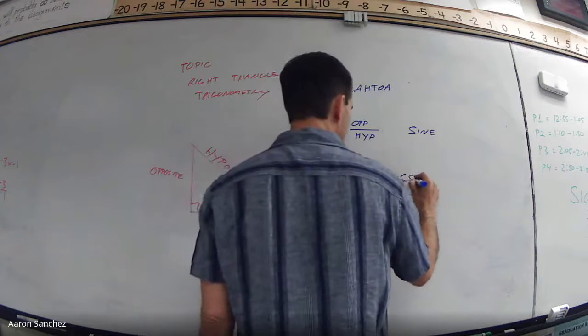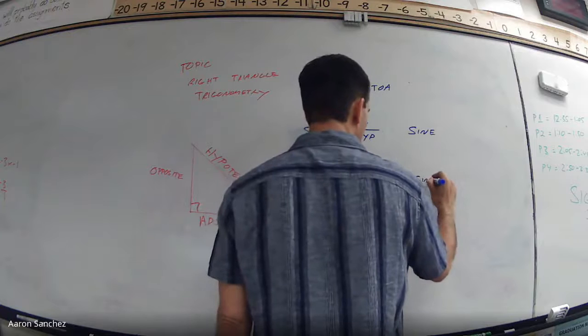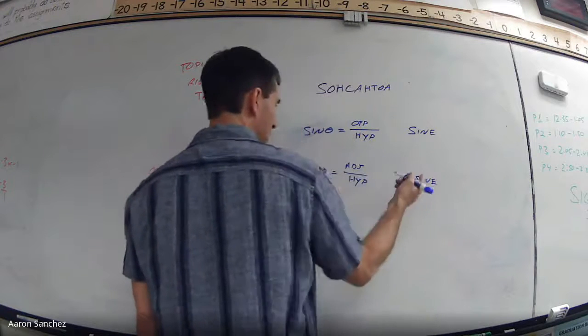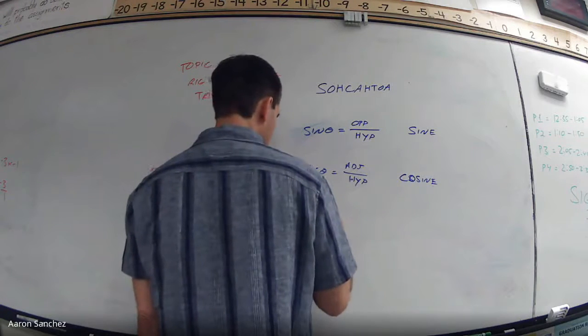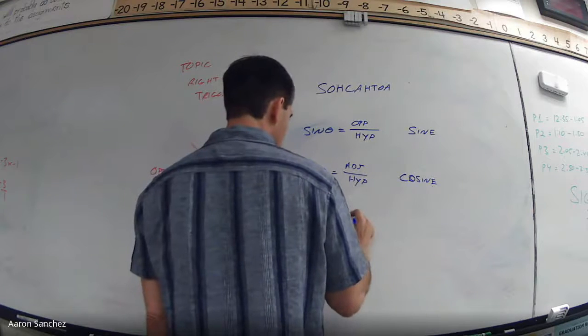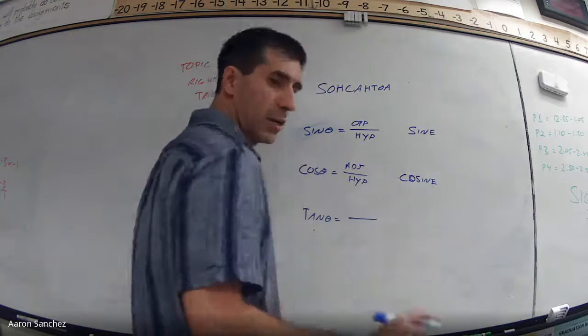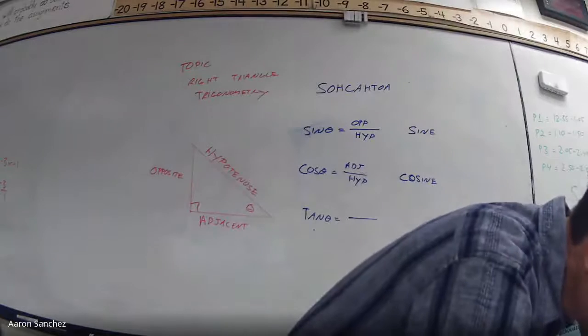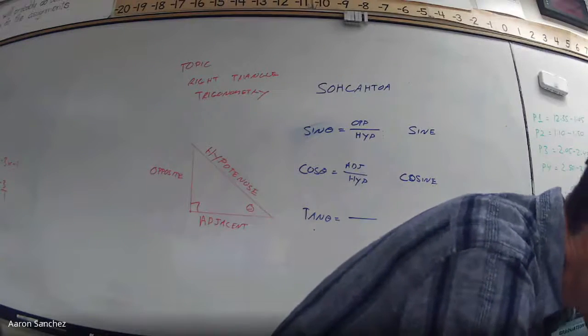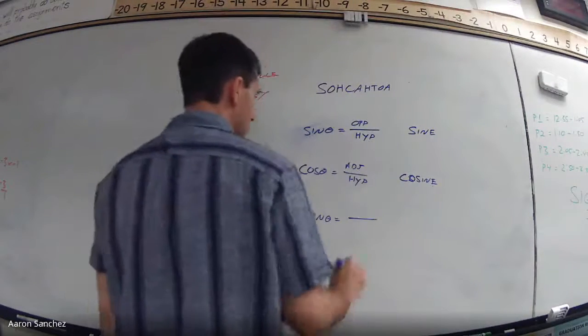Cosine is spelled like this. Cosine. You don't have to write that, but just so you know. Tangent of theta is equal to what over what? Elise, what is tangent of theta equal to?